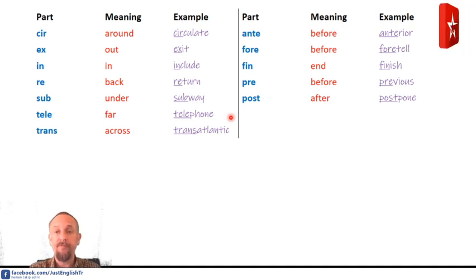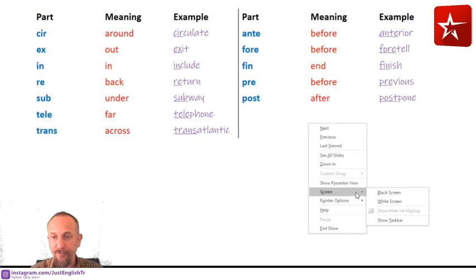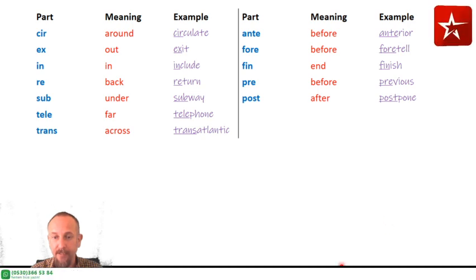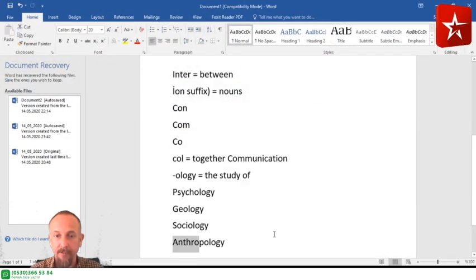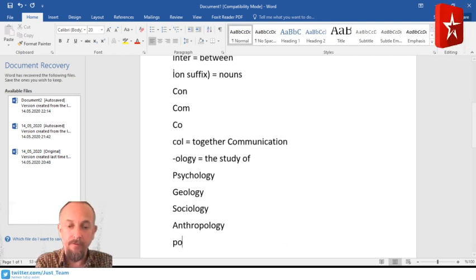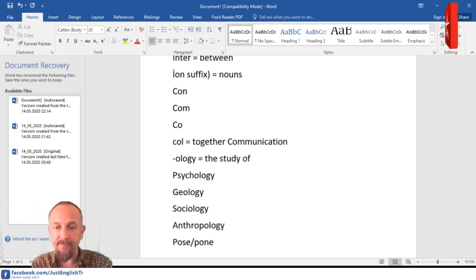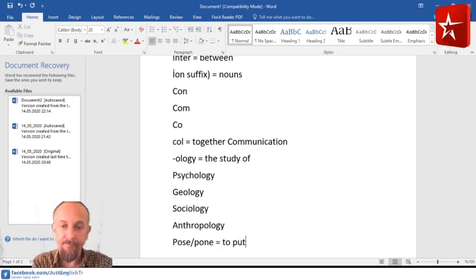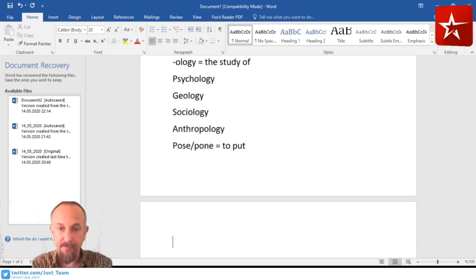Then we have post, meaning after, such as to postpone. And pone, let's go back to the screen, show the taskbar. And we'll go, there we go. Pose or pone, my amazing typing skills, means to put. So we see it in words like postpone.